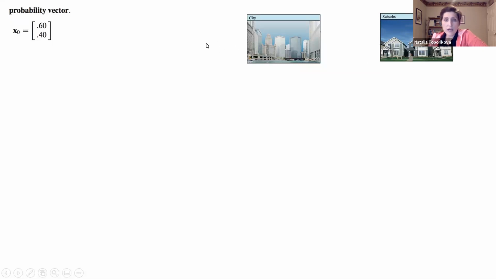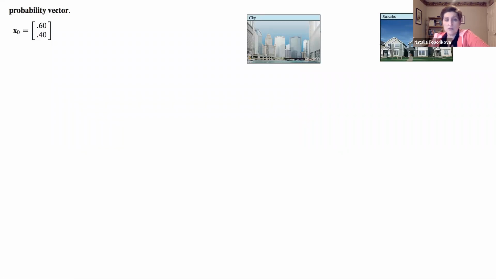We can write it down as the fraction of the total population living in the city and in the suburbs. Since 60% live in the city, 0.6 will be the first component of our probability vector. The second component, 0.4, represents the fraction of the population in the suburbs.